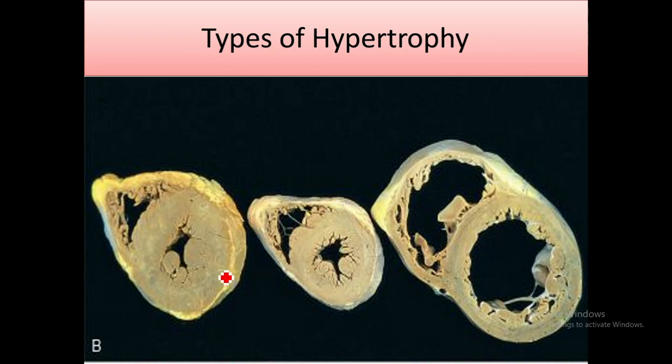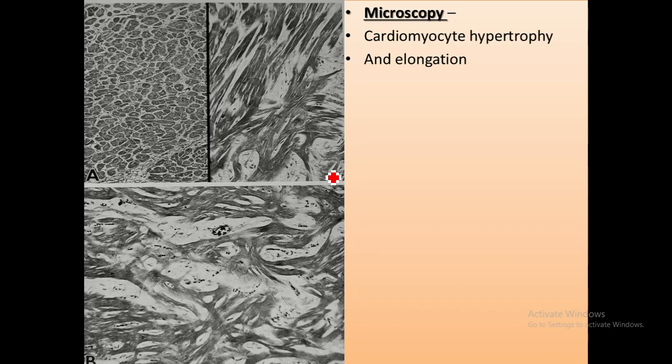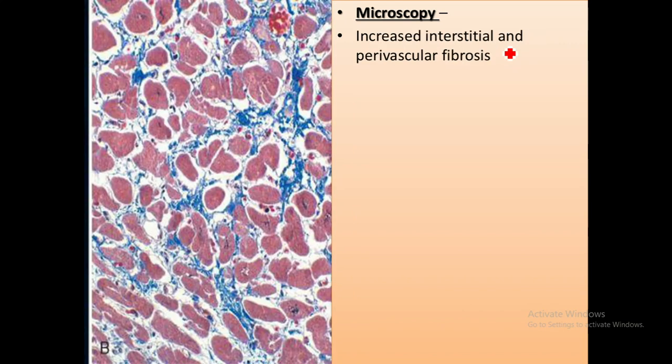Cardiac chambers can show any of these types of hypertrophy and or dilation of the chamber. Under the microscope, myocytes are elongated and hypertrophied, and there is increased interstitial and perivascular fibrosis.